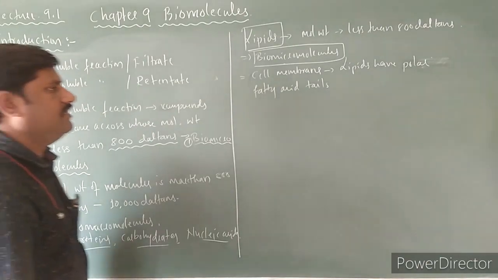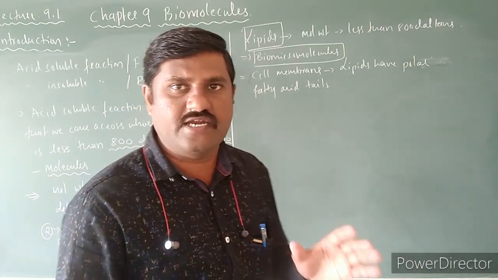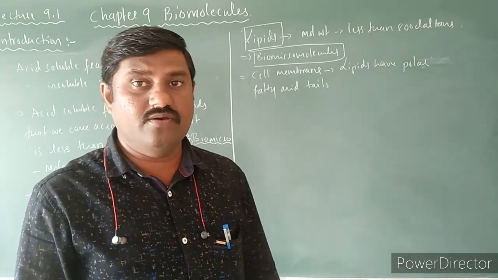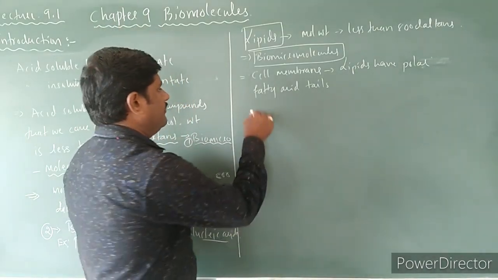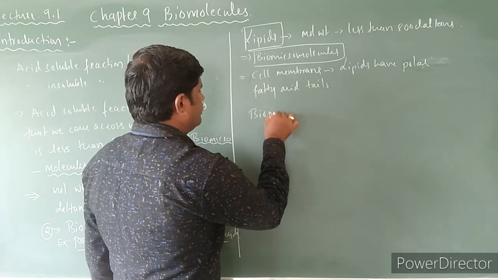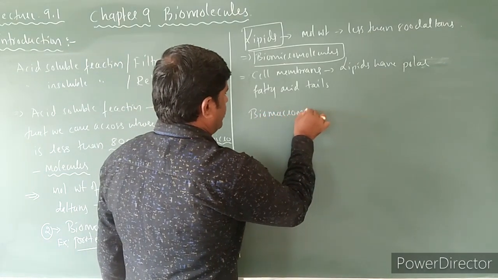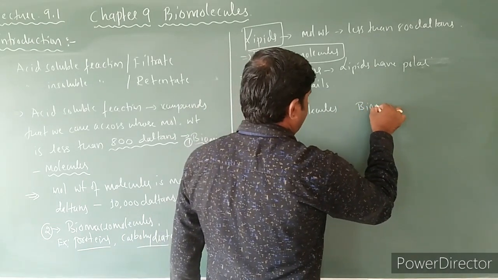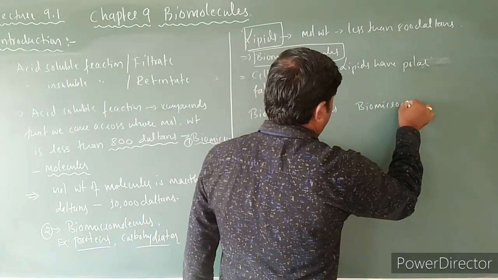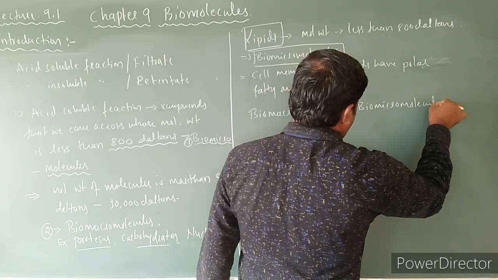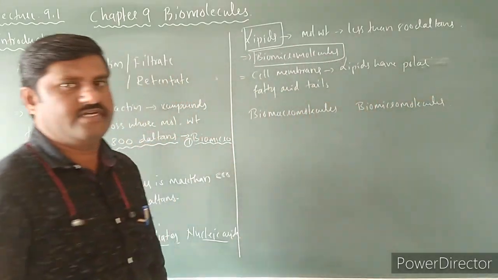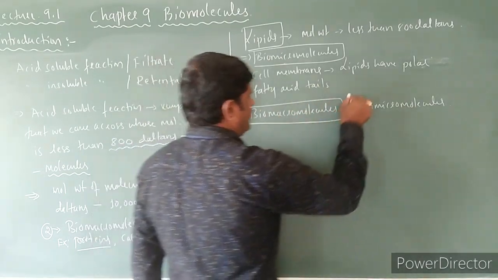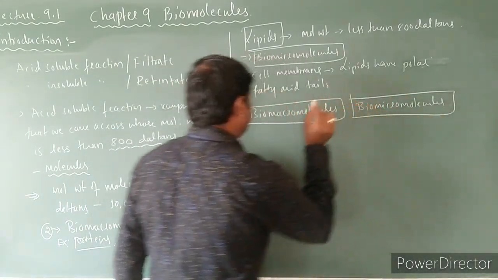See here, in NCERT we start with the biomicromolecules first and later we go to the biomacromolecules. So this way we study, and there are two types of biomolecules that we come across.